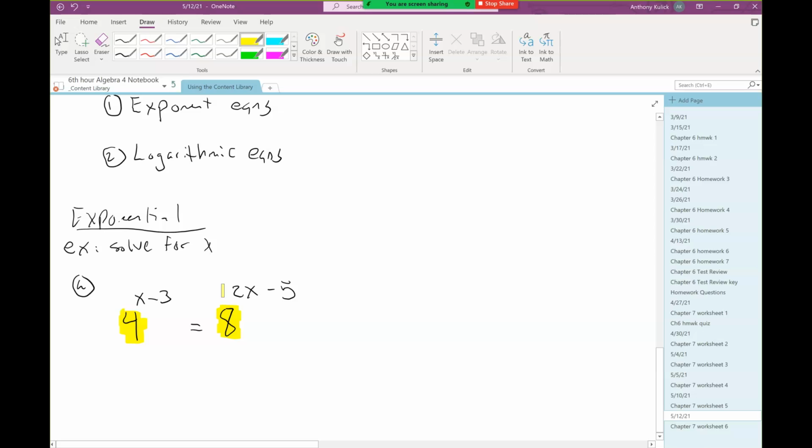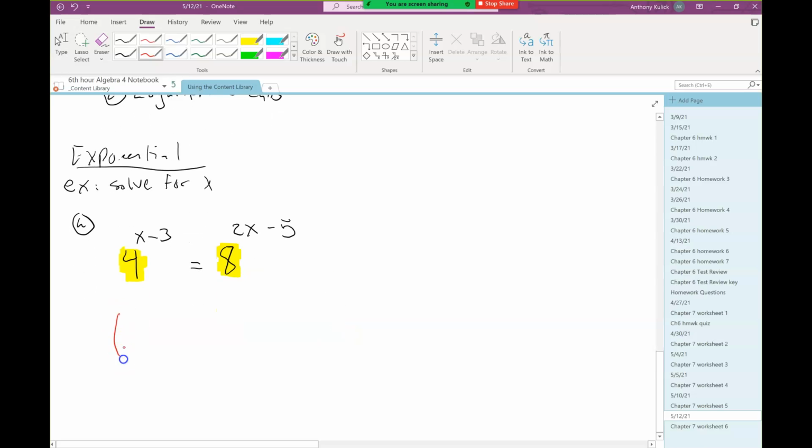But if I look at those numbers 4 and 8, I notice that if I do a prime factorization on these, they would turn into an exponential with the same base, because 4 is 2 squared, and 8 is 2 to the third. So that's what I'm going to do here first.